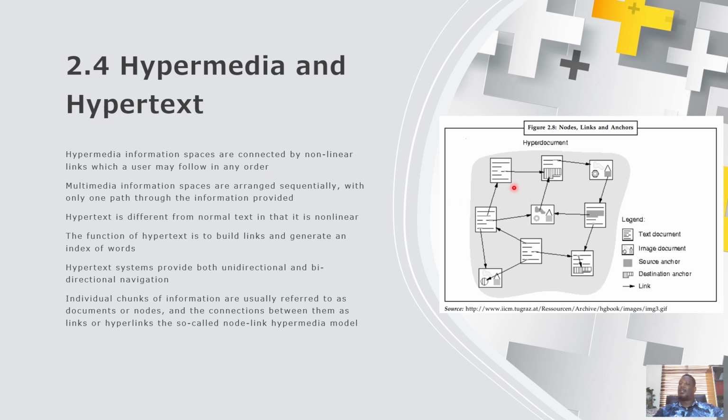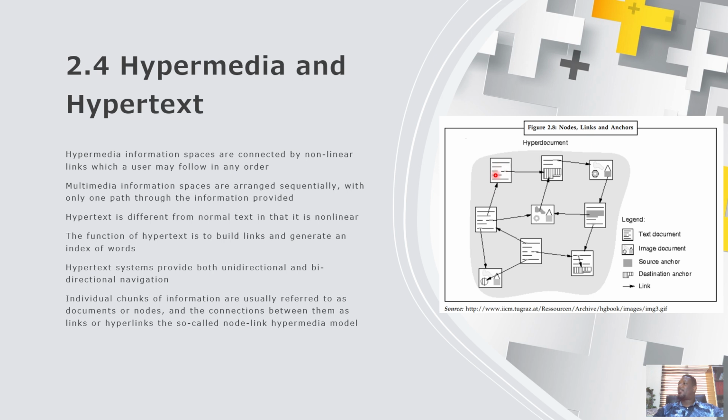So, for instance, by linear, it means you move in this direction in a form of a line. But of course, this text document can be linked to a destination anchor. So when you click on it, it takes you to an anchor in here.